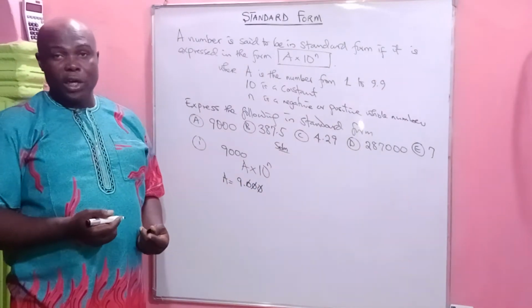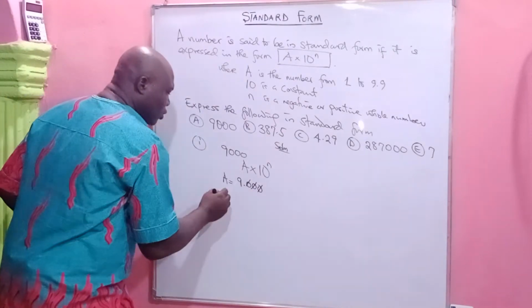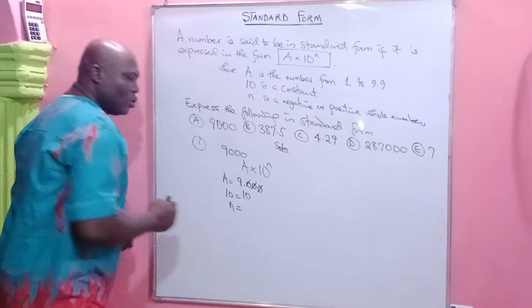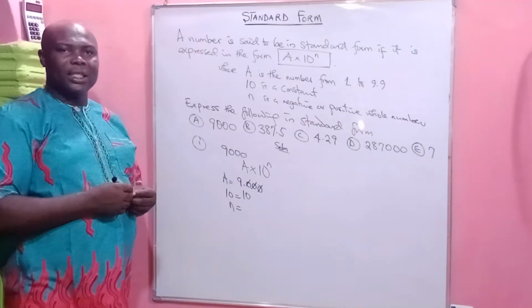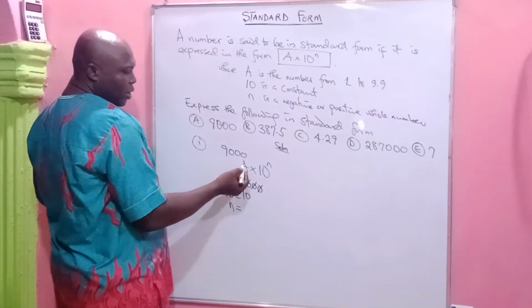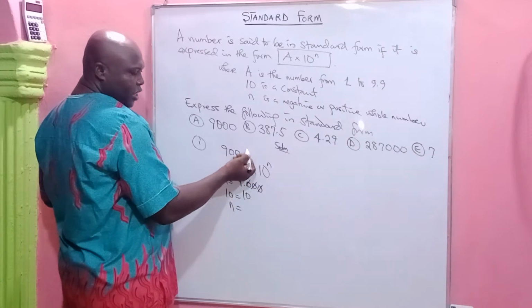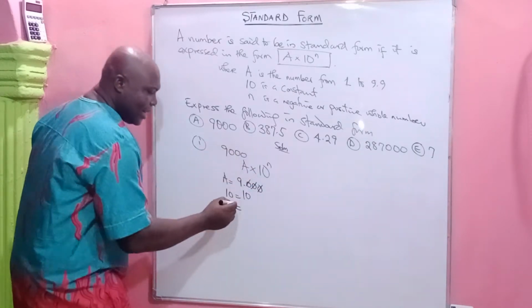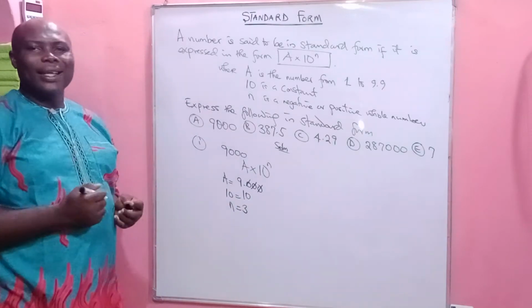After the decimal point, they don't make meaning again. All right, so our 10 is constant, it is 10. And our n is the number of times we've been able to move the decimal point. Remember that the decimal point was previously here, so we moved it 1 time, 2 times, and 3 times. So our n is 3. We moved it 3 times.